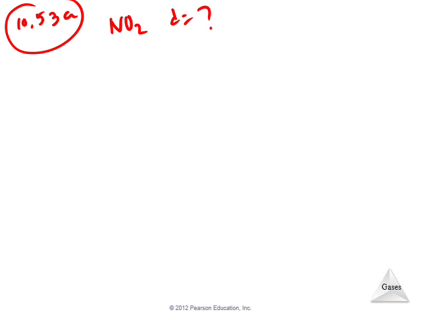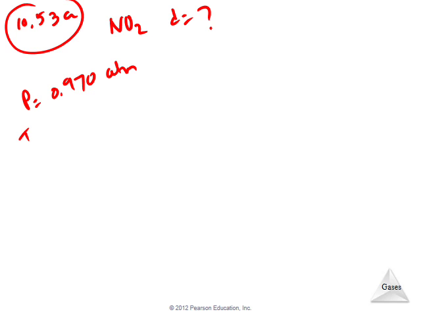Now we're going to do number 10.53A. The question is to calculate the density of NO2. So we need to get the density of NO2, where the question mark is on D, at 0.970 atmosphere pressure.